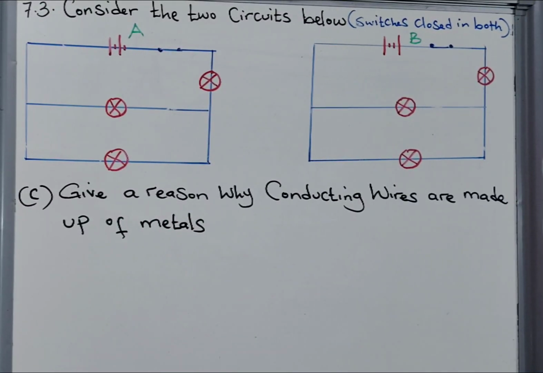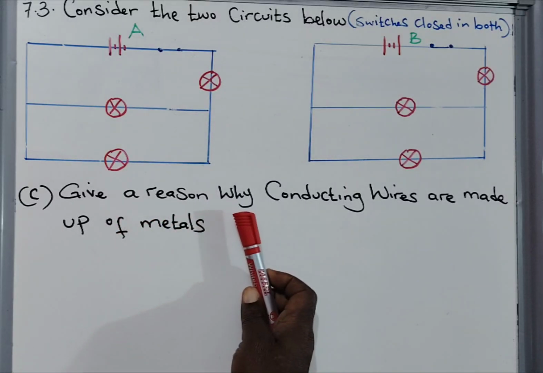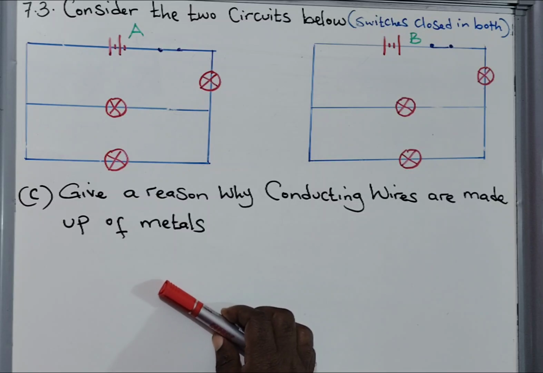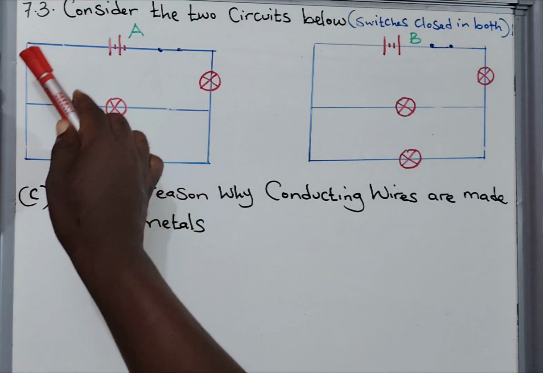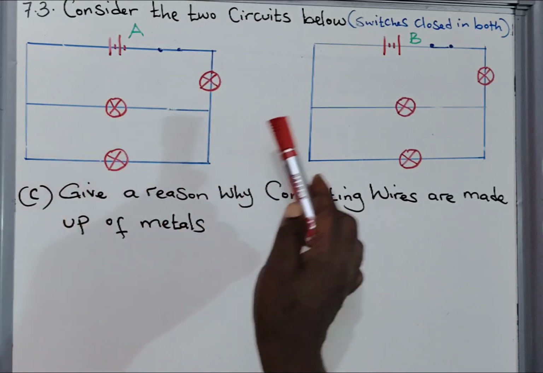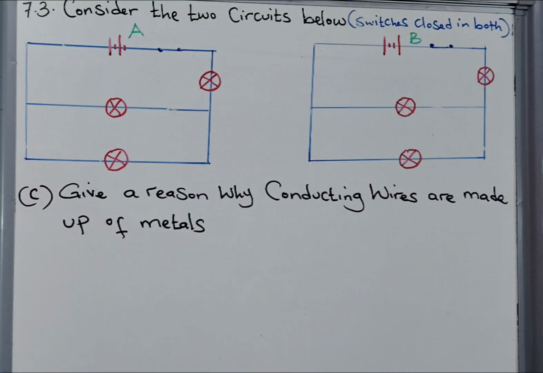Then comes this one. It says, give a reason why conducting wires are made of metals. These wires we see which are conducting electricity in all these circuits are made of metals. Why?